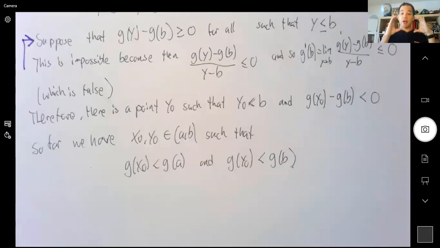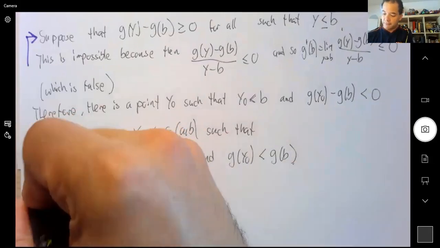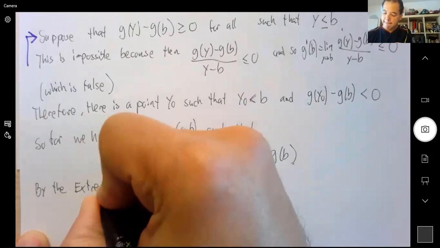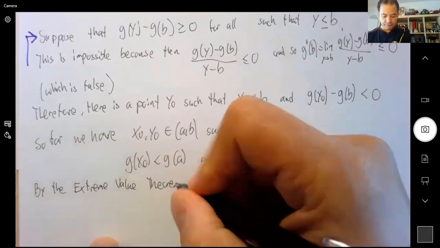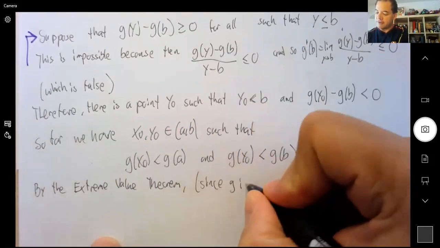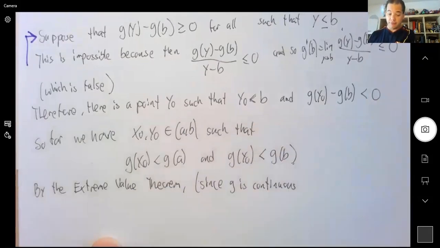Therefore, if you have a closed interval, it must achieve a maximum, right? That was the extreme value theorem. So we must have a maximum and a minimum, right? So let me write that down. By the extreme value theorem, since g is continuous, right? G is differentiable, and we also saw that all differentiable functions are continuous, right?